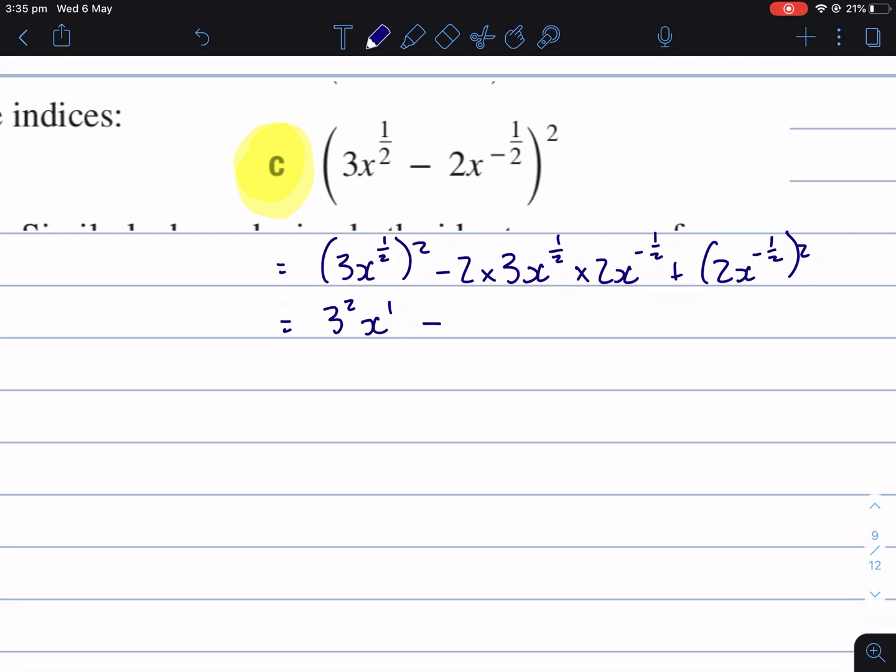Take 2 times 3 times 2, 12, x to the half plus negative half, 0, plus 2 squared, 4. Sorry, I know I should write 2 squared. X to the negative half times 2 is negative 1, which gives me 9x, take 12, plus 4x to the negative 1.